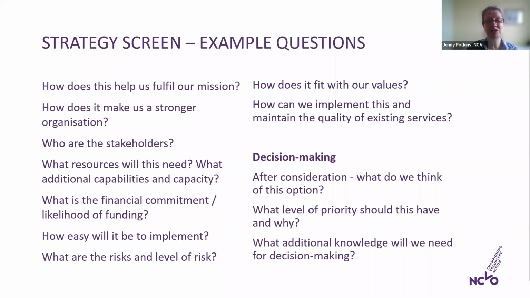So a strategy screen is a bit like asking really important questions. Literally what you're trying to do is think of a screening process of these options against criteria which are most important to your organisation and strategy. Here I put some of the questions that you might use.